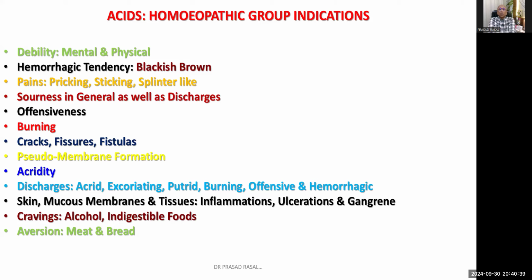So craving for stimulants is very important in the acid group. There is an aversion to meat and bread. That is another common feature with the acids. So these are the features which give you exactly the nature of the acids and indicate the acids. This whole slide defines exactly how acid presents in homeopathy. So this is one side of the acid which we have discussed.